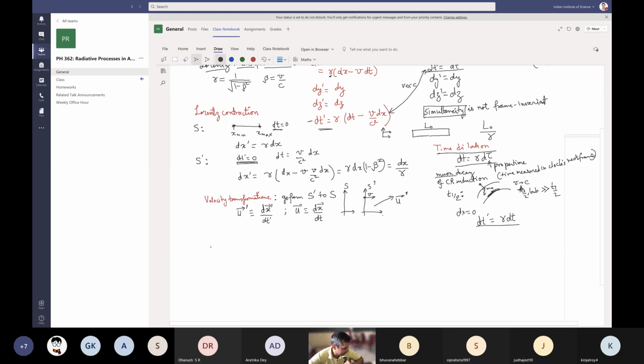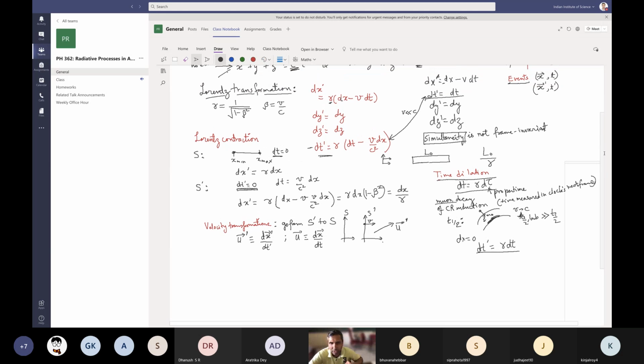Now let's look at the Lorentz transformations. This is the transformation going from S to S prime.